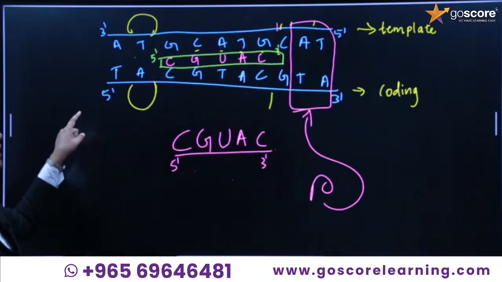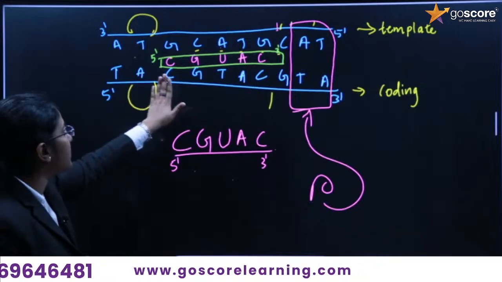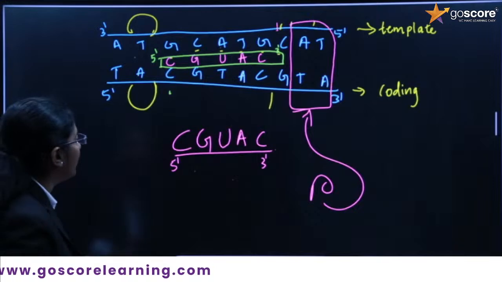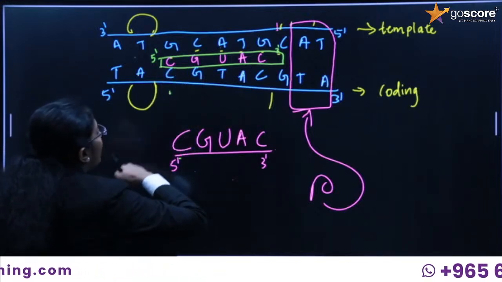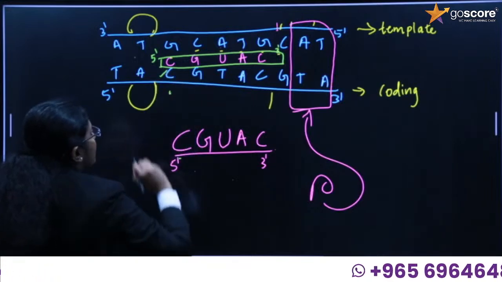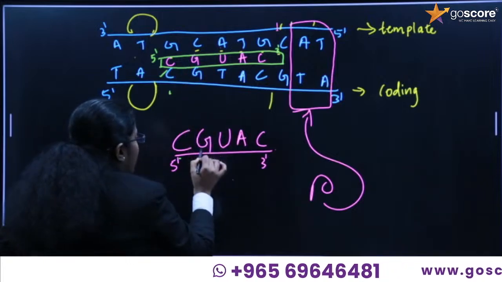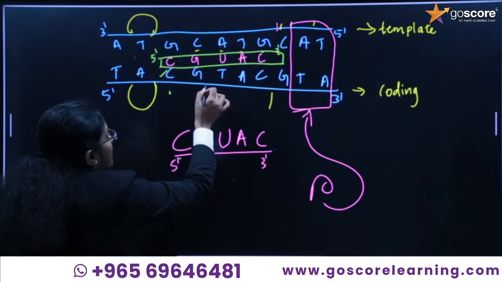Dear students, now look at the coding strand. If you are considering the coding strand, it is TAC. We have started the structural genes from here. Okay, it is C. The newly synthesized mRNA is also having C. Next one, it is G. The newly synthesized RNA is having G. What is the strand here?